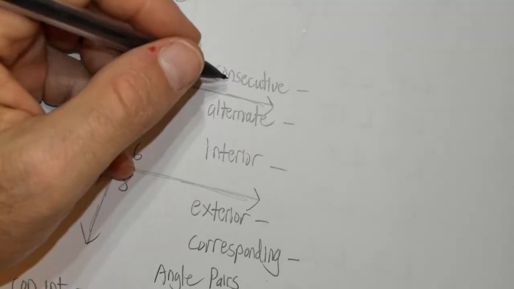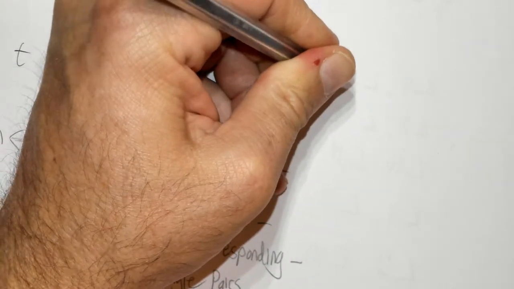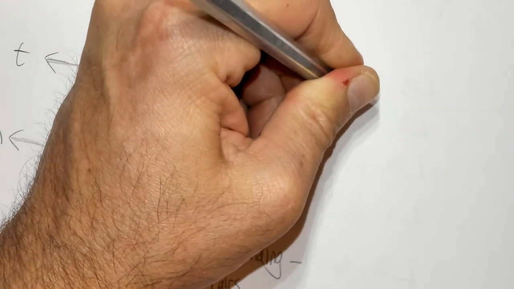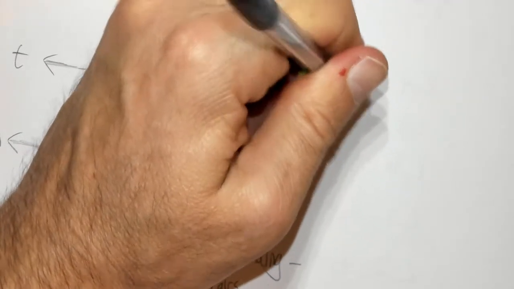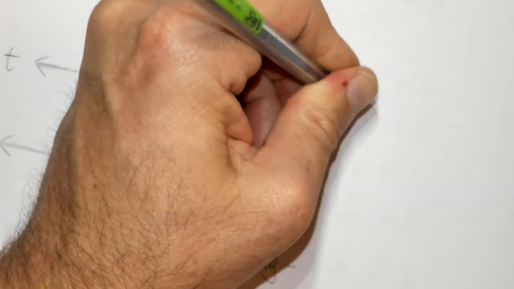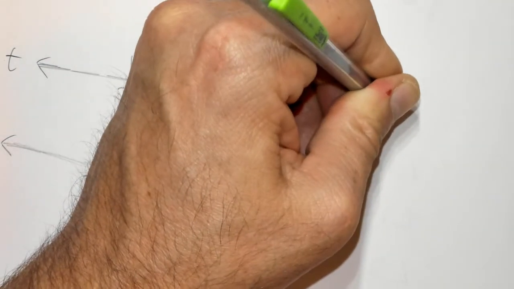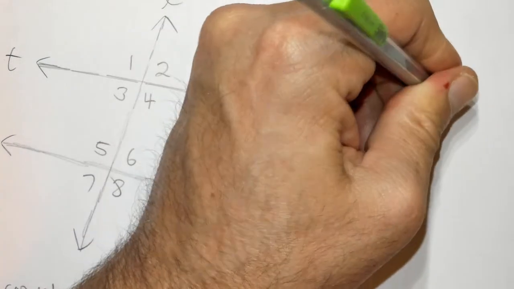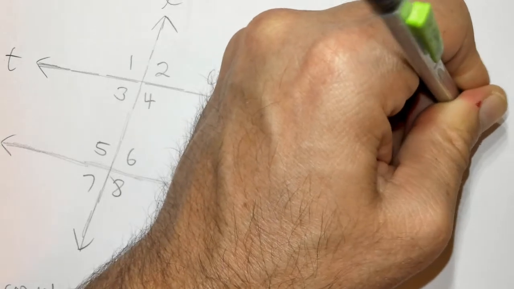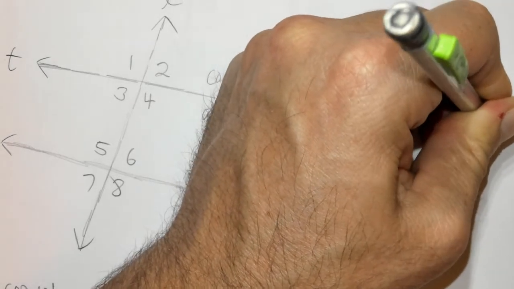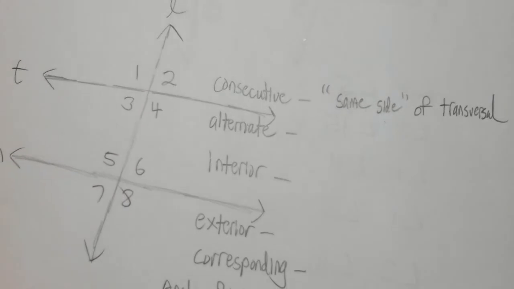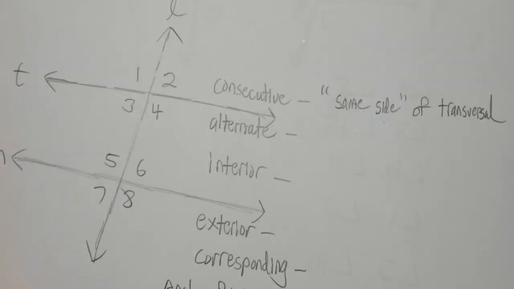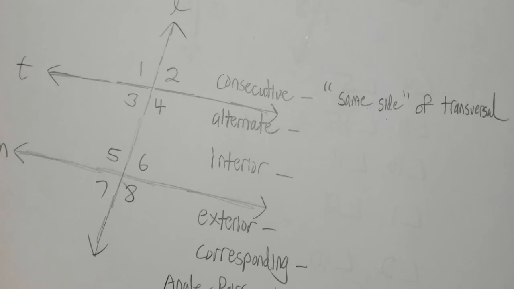The first one is consecutive. Consecutive, we're talking about same side of the transversal. Angles on the same side of the transversal are considered consecutive angles.